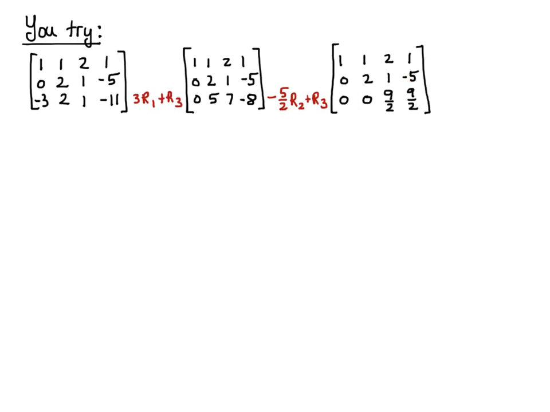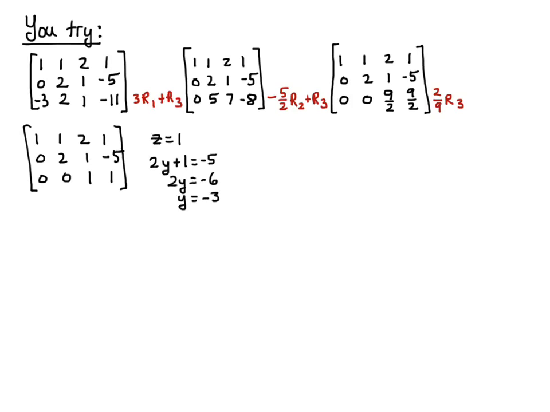Then negative 5 halves times, we're doing row 2, so that's times 1 plus 7 gives me 9 sevenths. Then negative 5 halves times negative 5 is positive 25 halves minus 8, and that's 9 halves. Okay, so I can take this last row and multiply it by 2/9, and that will give me my integers back, 1 and 1.